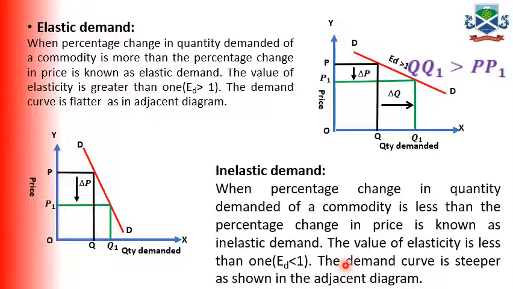Look, PP1 is greater, and the change in quantity demanded is very small, and this situation is known as inelastic demand, where ED value is less than 1, and because of that your ED value is less than 1. Elasticity of demand is less than 1.